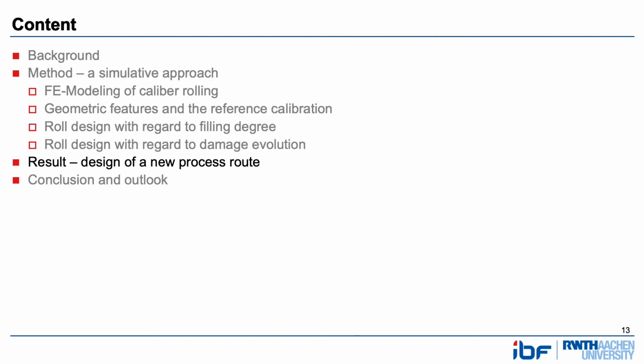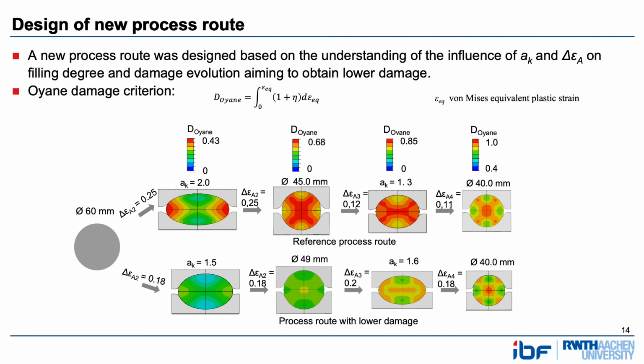And based on the understanding of the influence of the geometric features on filling degree and damage evolution, we could find a new process route aiming to obtain lower damage. Here are the geometric features of the reference and the optimized process routes. The aspect ratio and area reduction in the new process route were chosen as small as possible. The damage prediction based on the Oyane criterion is also shown here.